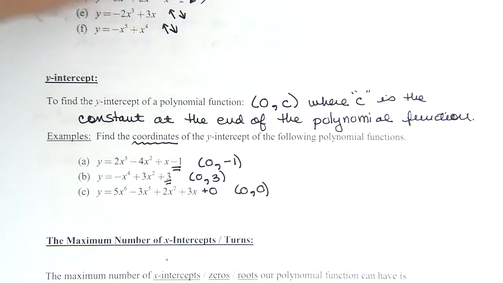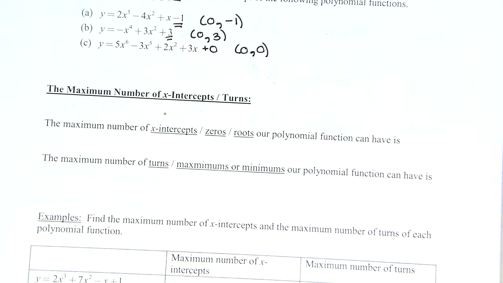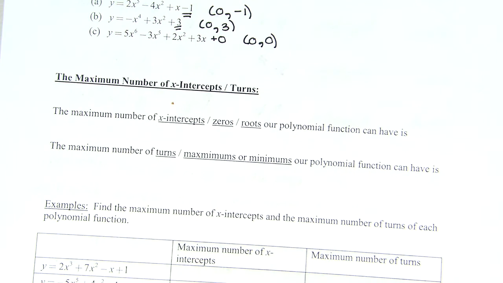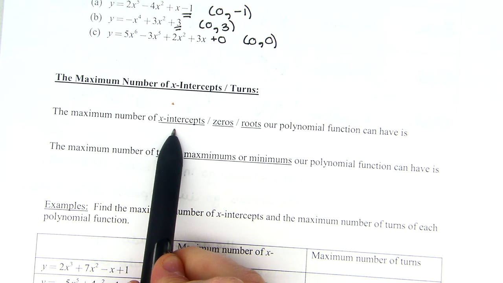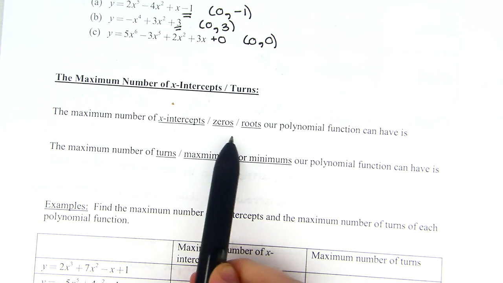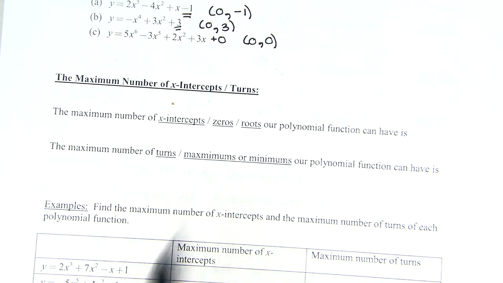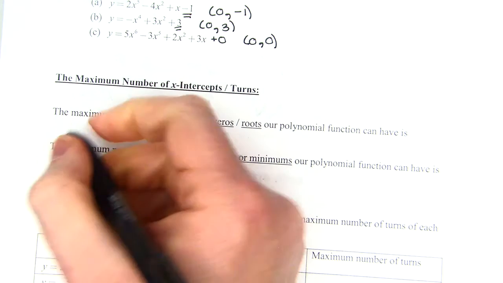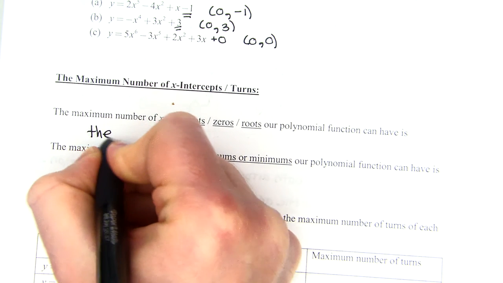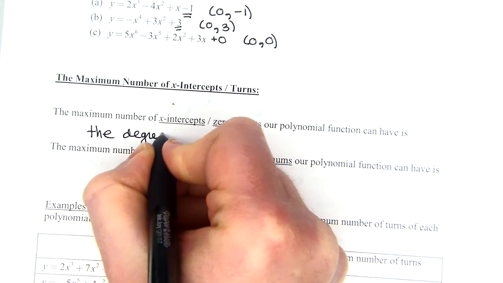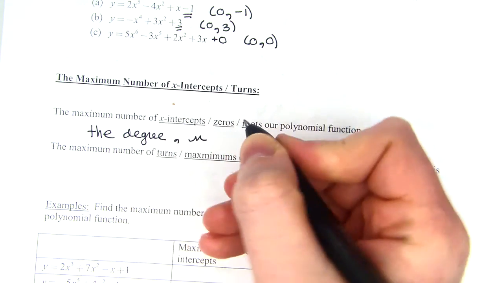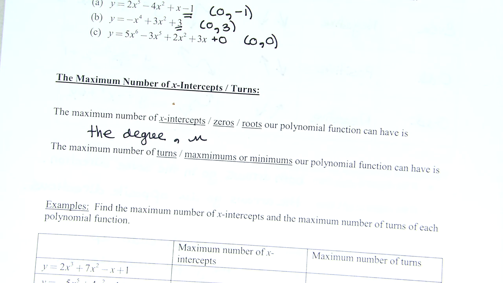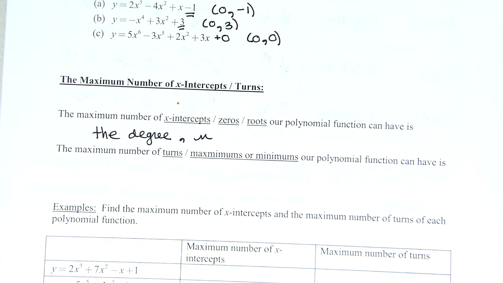The other thing that we saw was, in general, as the degree gets higher, the graphs get a little bit more complicated. First of all, the maximum number of x-intercepts, which can also be called zeros or roots, that our polynomial function can have is just the degree. I'll call that n. At most, how many x-intercepts can we have? Well, whatever the degree of our polynomial function is.